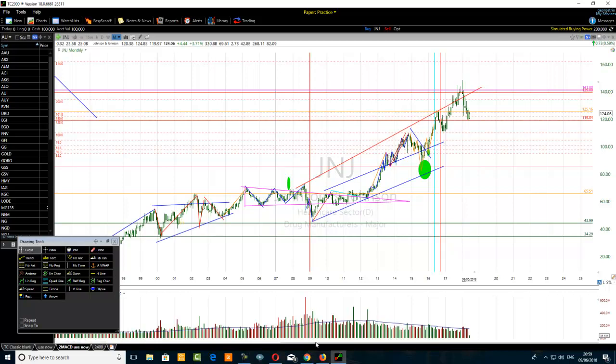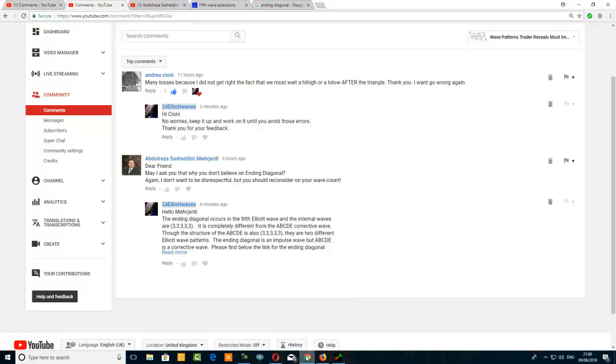I'll show you now, okay? What you were talking about is here. He was saying that because he was thinking this is an ending diagonal, therefore the triangle should be pointing down. This is true for the ending diagonal, but it's not true for the ABCDE.